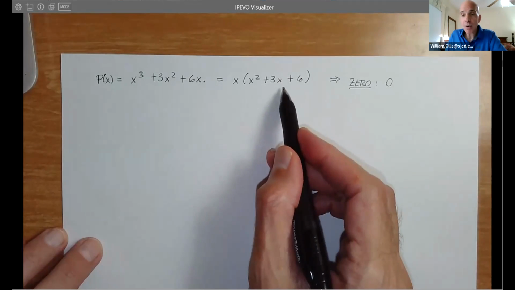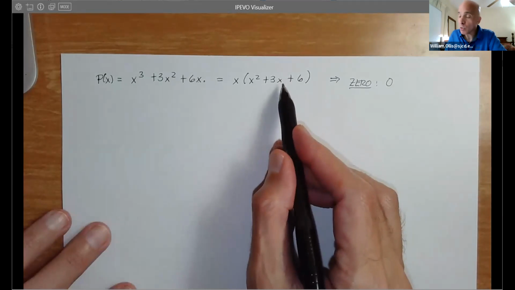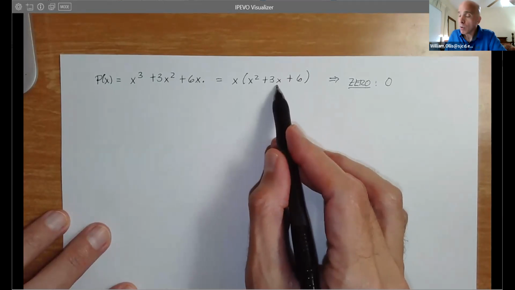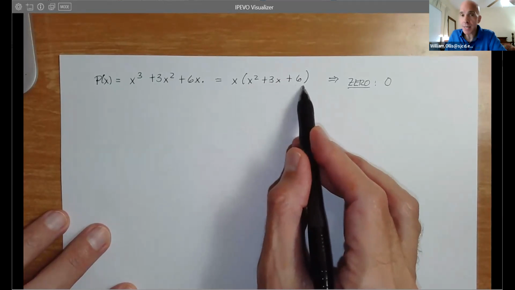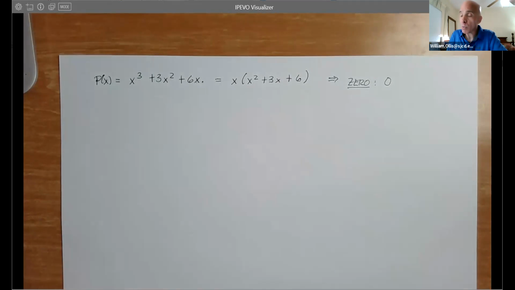I want you all to answer another question, and not Brian or Catherine, because you all answer all the questions. Now look at this part here. I'm going to say the X squared plus 3X plus 6 requires the use of the rational zeros theorem. True or false?